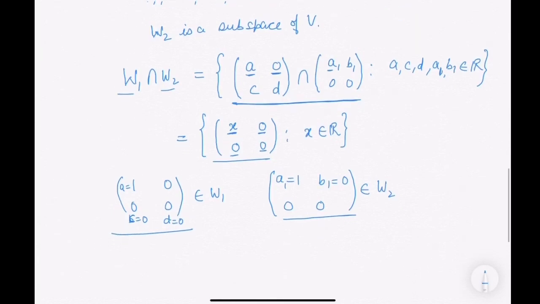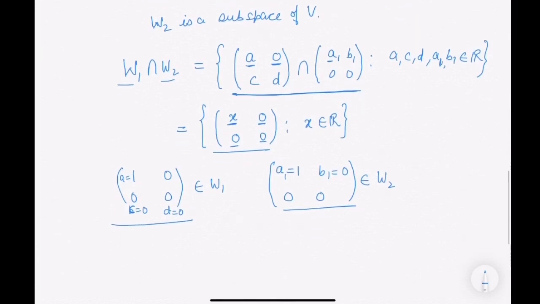So the elements of type W1 intersection W2 are of this type: X, 0, 0, it means the second entry and both the bottom entries are 0.